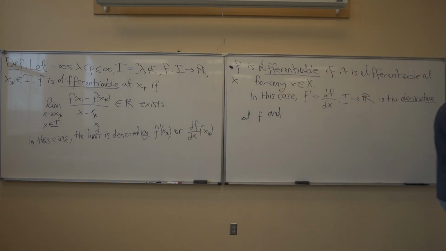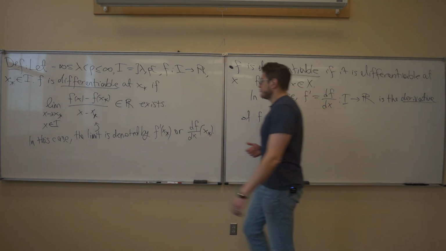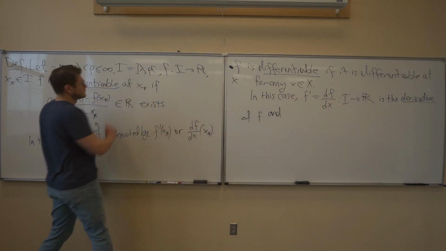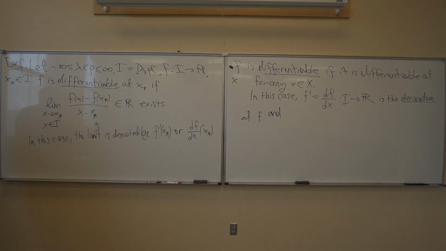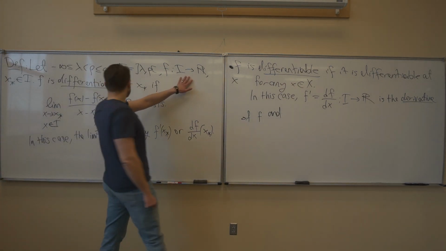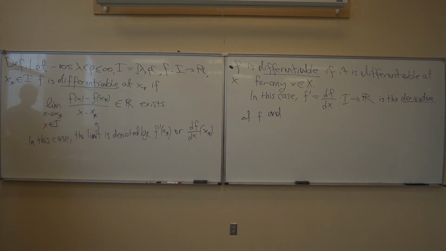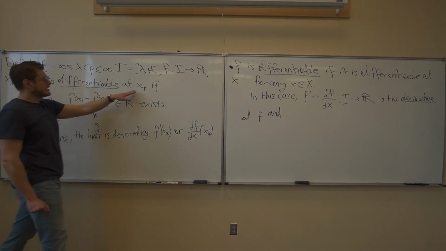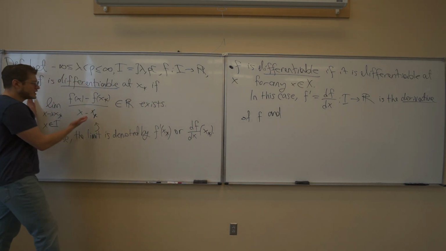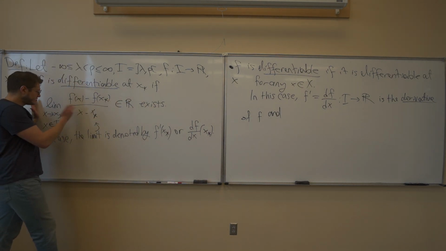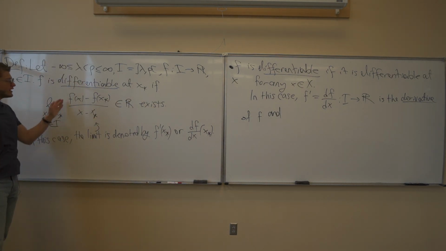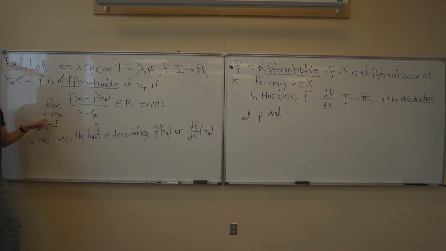Okay. So I take, as usual, an open interval I and a function f taking real values defined on it, and I take a point x star in my interval I. And I'm going to say that my function f is differentiable at x star if the following limit exists. So I look at the rise over run, and I take the limit as x goes to x star.